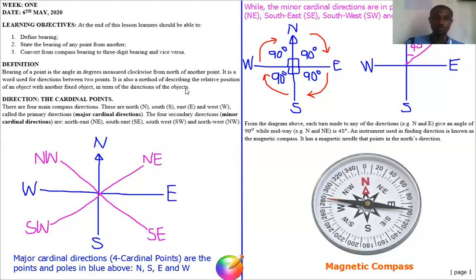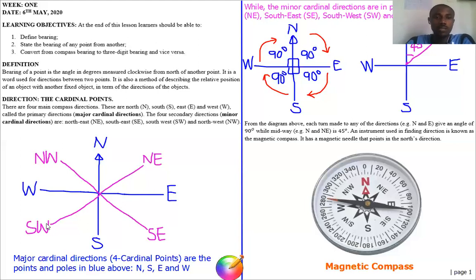Below is the diagram to show the 4 main points or directions and the secondary directions. The blue lines indicate the 4 main points or directions, and we can also refer to them as the cardinal points. So we have the north, south, east, and west poles, which make up the 4 cardinal points.